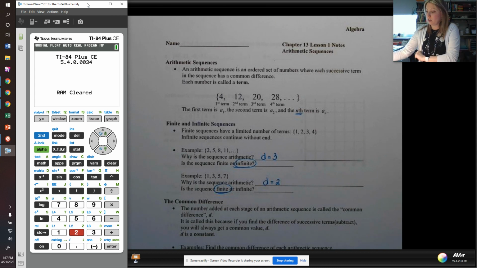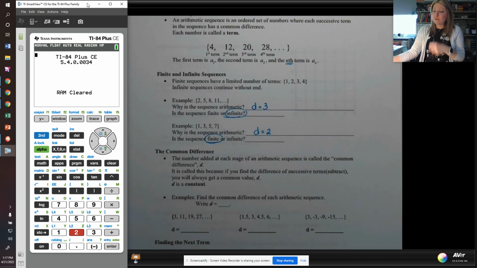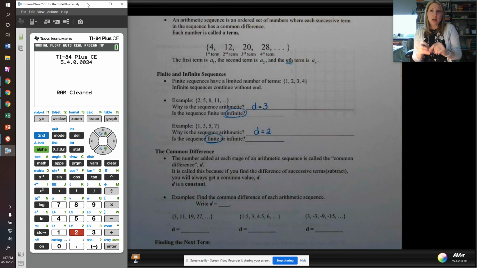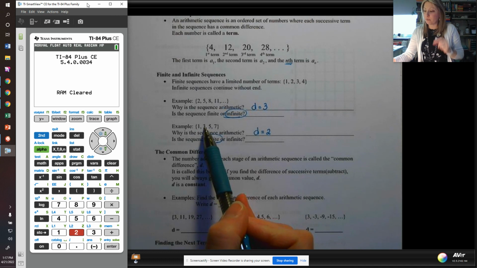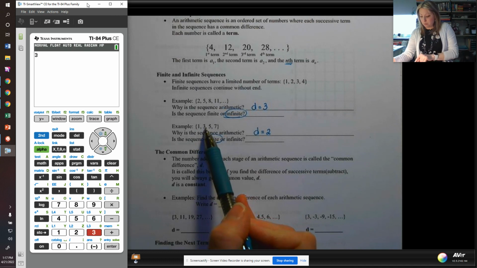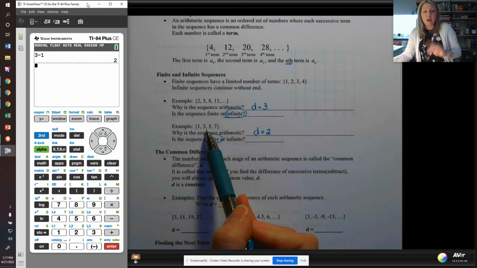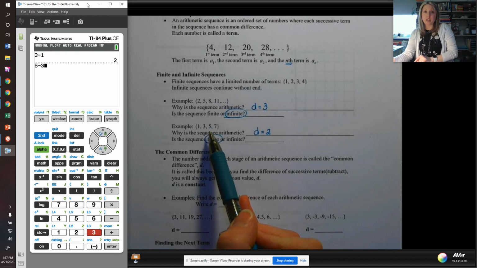So a little more info on the common difference. If we're adding to get from number to number, why am I calling this a common difference? Well, technically, when it comes to sequences, to figure out the common difference you take the second term and subtract the first term from it. When I was figuring out how I got here, I was actually doing it backwards. I'm supposed to go 3 minus 1 is 2. Then I do this with the third term and second term: 5 minus 3 is 2.